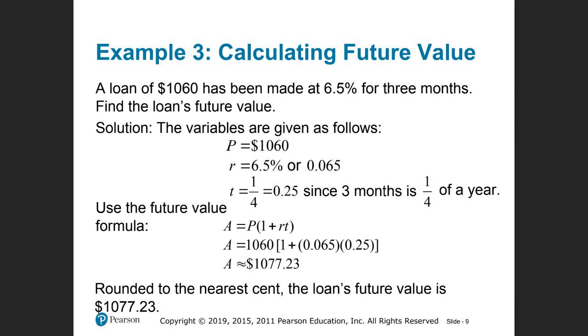Remember, do the rate times the time first, add the 1, that's all inside the brackets, and then multiply by what is outside the brackets. That gives us $1,077.23. Sometimes you do have to round because cents are usually only expressed to the hundredths place.